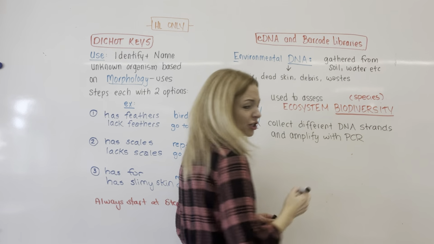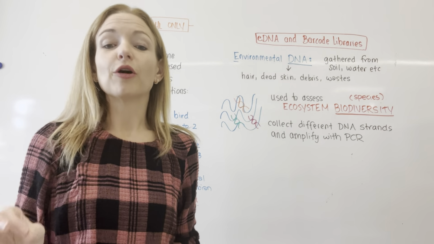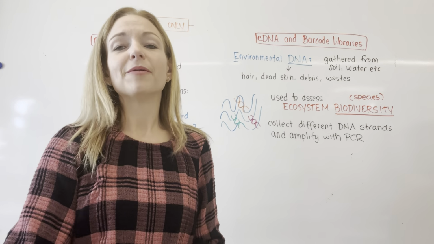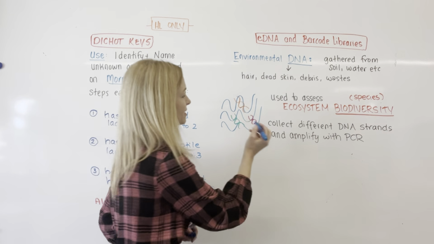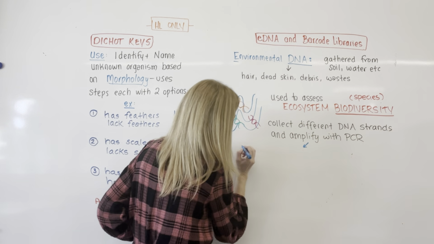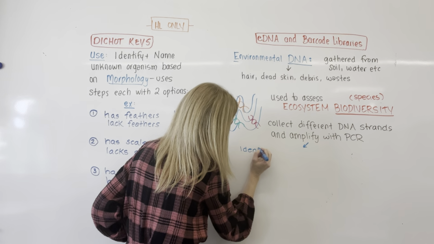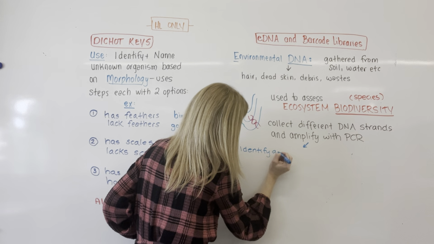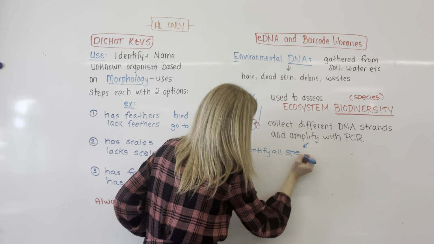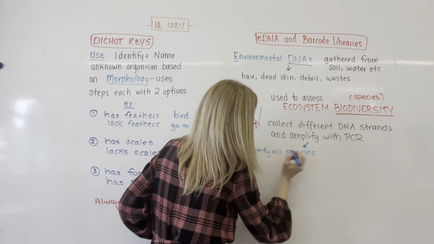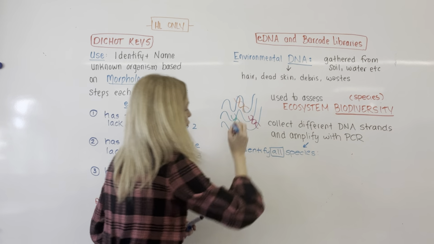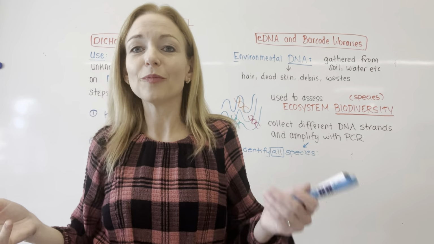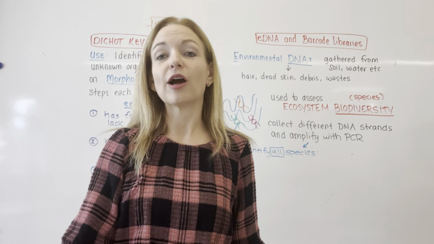And then there's essentially 2 different ways of going about this. One option is that you can identify all of the species. I only drew 3 there, but there might be 20 in the sample, and we're going to go through and identify all of them.